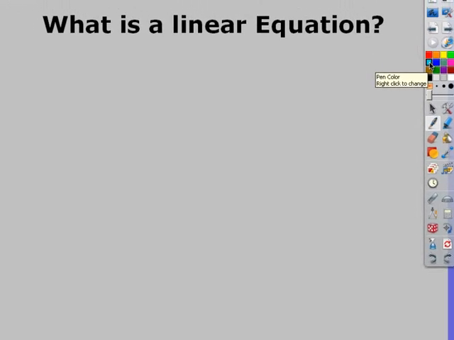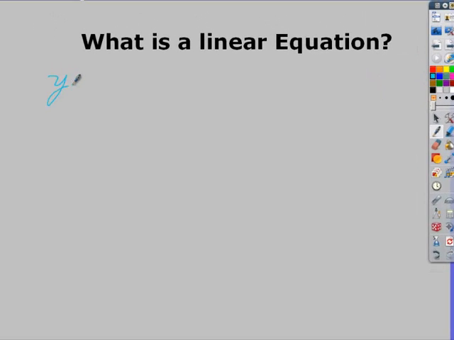Okay, so what is a linear equation? Many of you, I hope, remember this. All right, so what is a linear equation? We've already talked about it, but if I gave you an equation like that, is this a linear equation, yes or no?